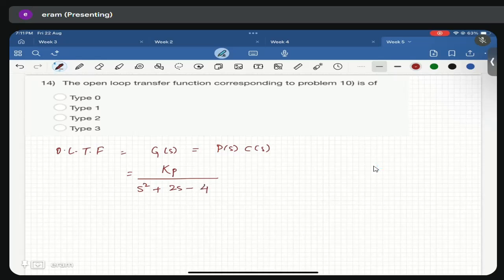How can we find out the type of system? Type 0, type 1, type 2 or type 3? For that we need to extract the maximum degree of s from the denominator, and here we can see that the highest power that we can extract is just s to the power 0 because we have a constant term here.